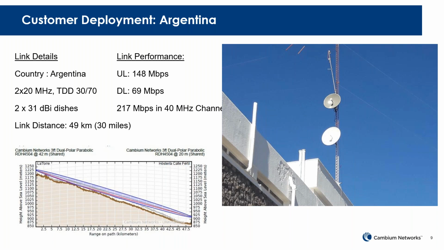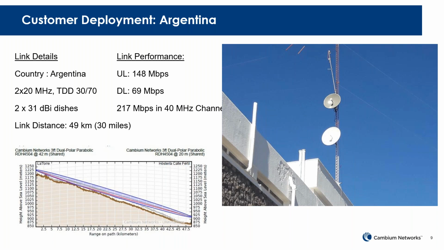And this is the Link Planner path profile. One end is on top of a very high terrain, not necessarily a mountain, and the other is low. This is one example of how we can do pretty good throughput with a long distance deployment.